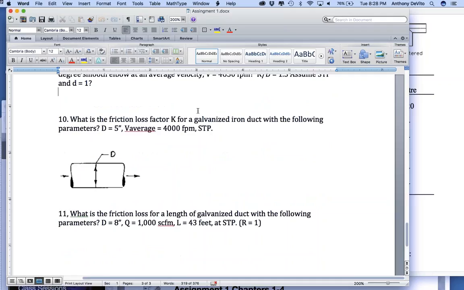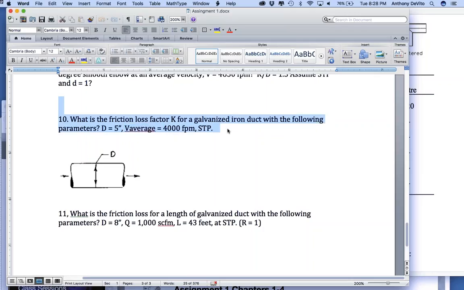Okay, what is the friction loss and friction loss K factor for a galvanized iron duct with the following parameters? The diameter is 5 inches. The average velocity is really what we're interested in. We may not say average every time, but we really mean the average velocity in the duct. The average velocity is equal to 4,000 feet per minute, standard temperature and pressure.